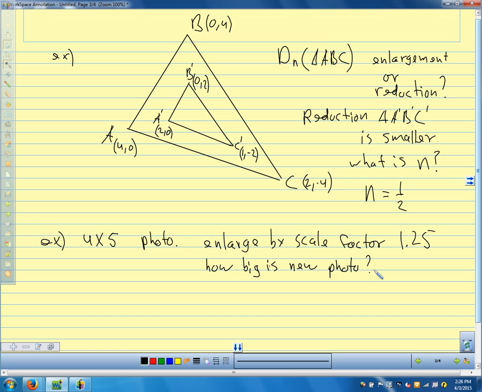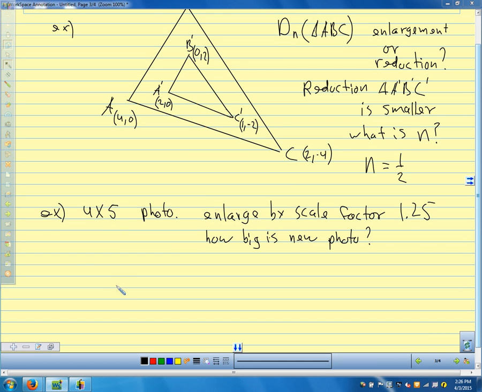Multiply everything by 1.25. The scale factor tells us to multiply these things by 1.25. So 4 times 1.25 is what? 5. And 5 times 1.25 equals 6.25. So the new photo is 5 by 6.25.